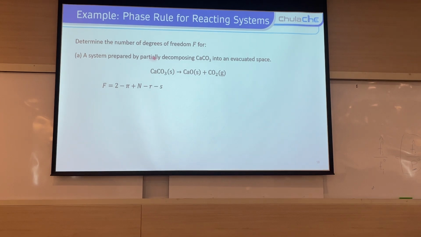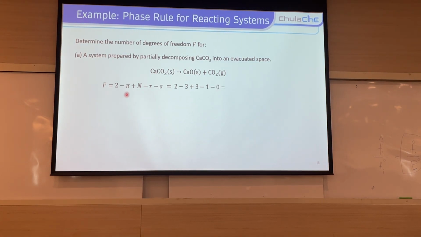You have the calcium carbonate here, which usually is in solid form, the white powder. It is decomposed into calcium oxide, which is in solid form as well, and carbon dioxide. So in this case, how many degrees of freedom do we have here?